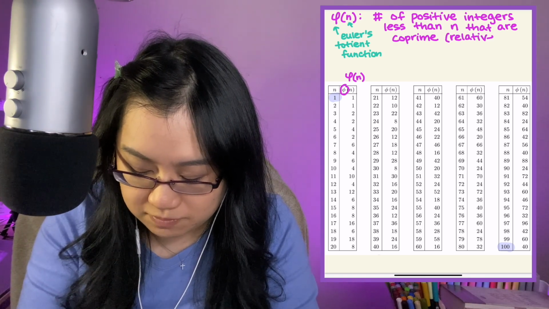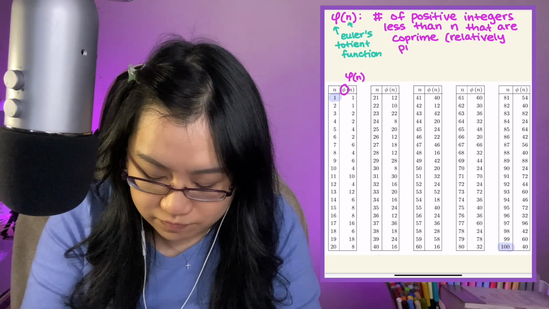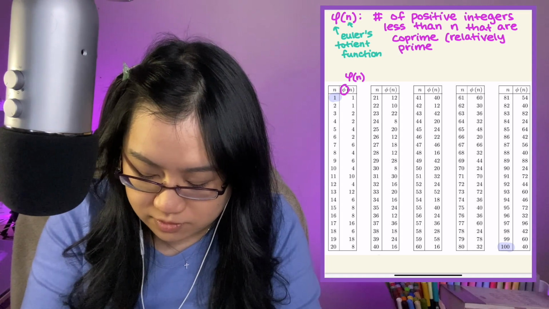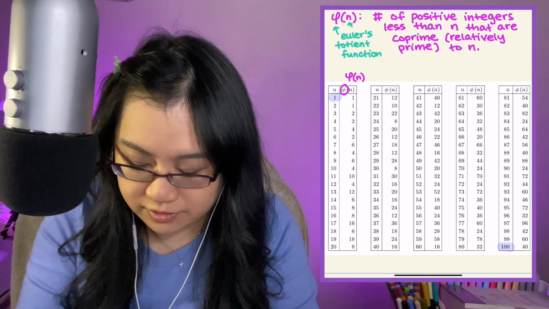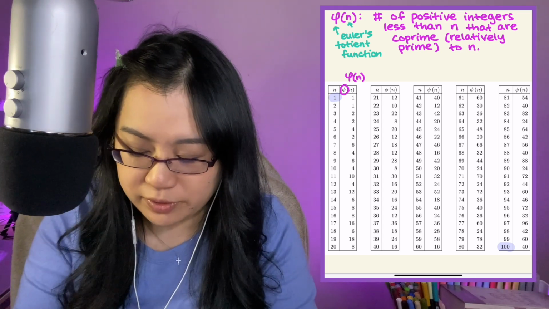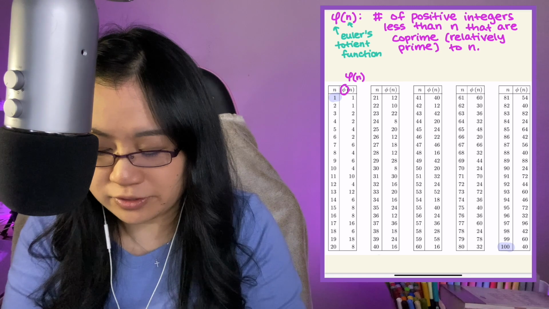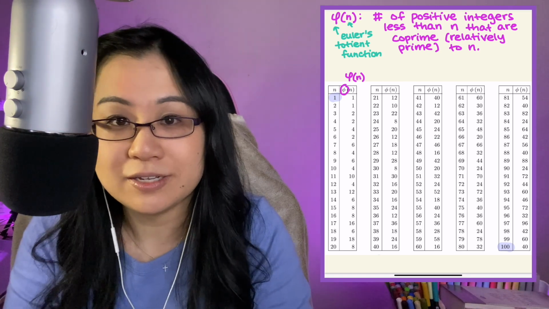Those mean the same thing. To n. So it's the number of positive integers less than n that are co-prime or relatively prime to n.